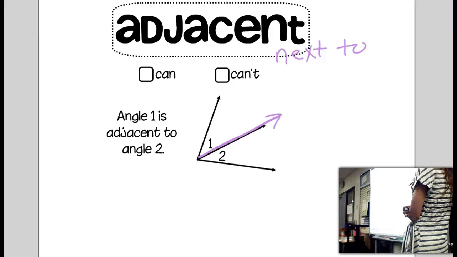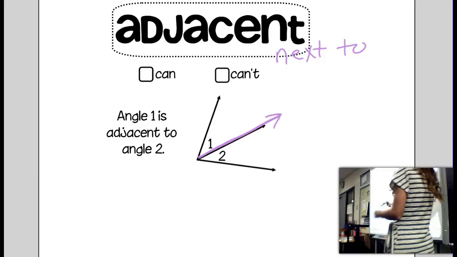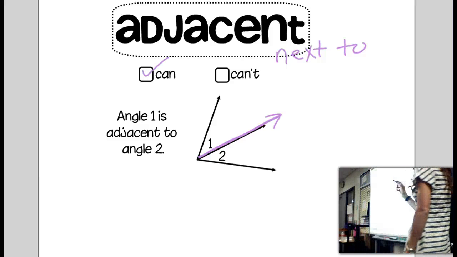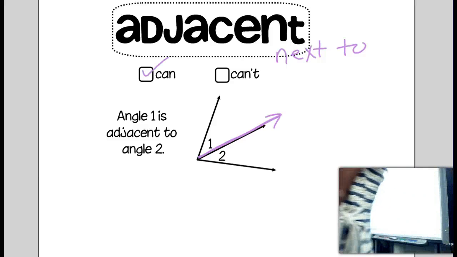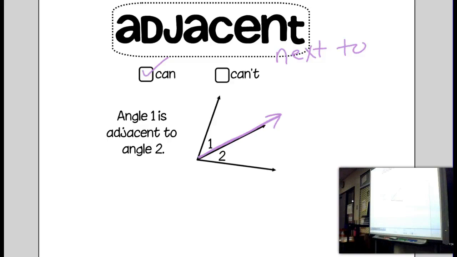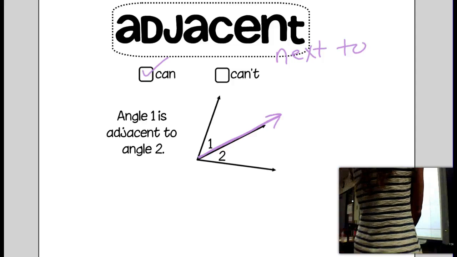I know I keep telling you to not assume, but actually you can assume if things are next door to each other, then they really are right next to each other. Now, I can't assume angle 1 is bigger than angle 2, but I can assume it's next to angle 2. That's different. Size versus location, those are totally different. Adjacent, can assume.